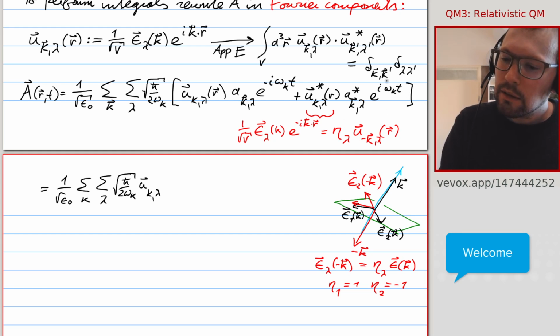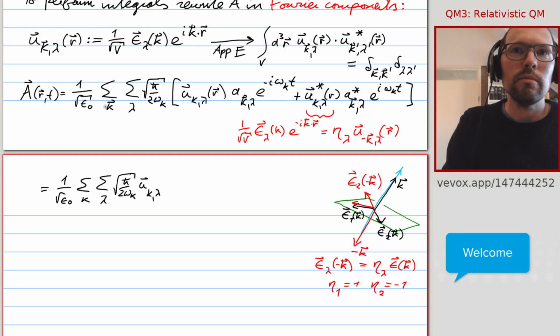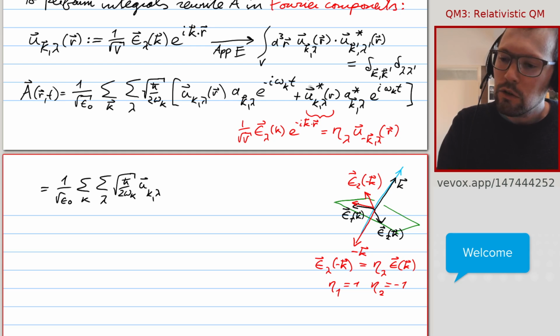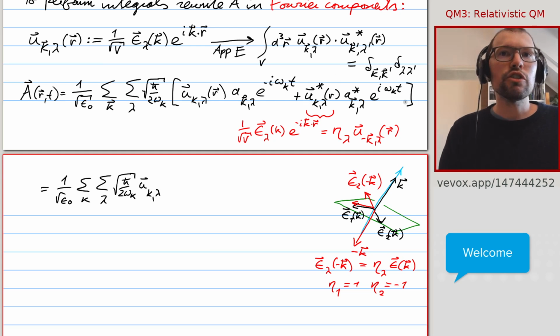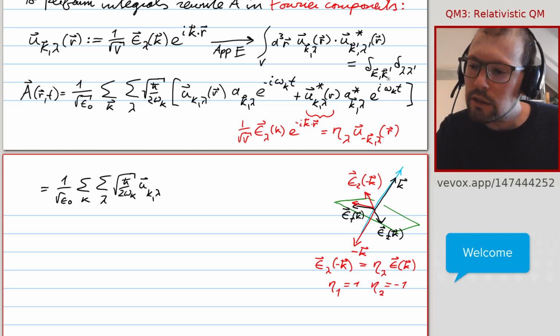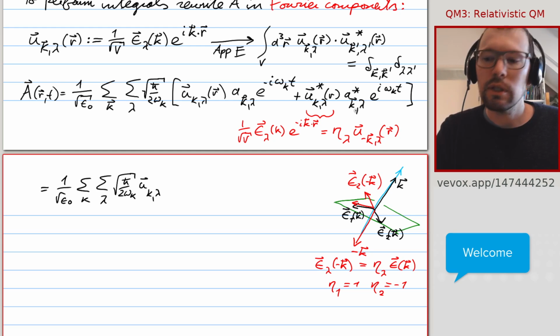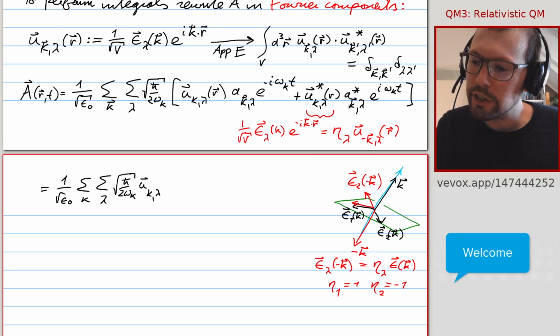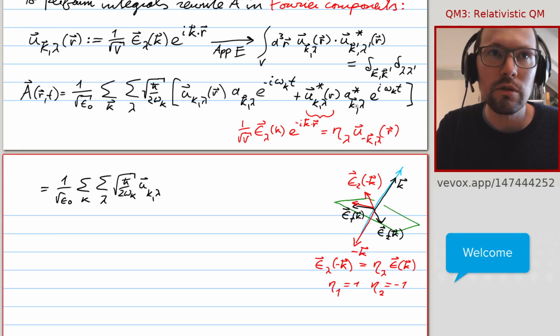But we also have a sum over k. So we could simply split these two sums into two and switch the summation variable from k to minus k on the second sum. Then it would be of the same form as the first sum. So we have to switch k from k to minus k not only here, but also on the coefficient.